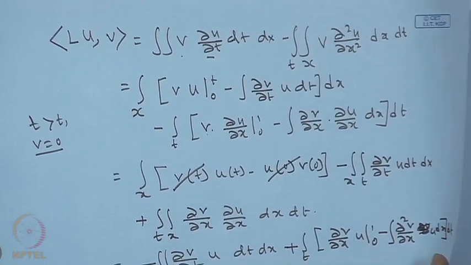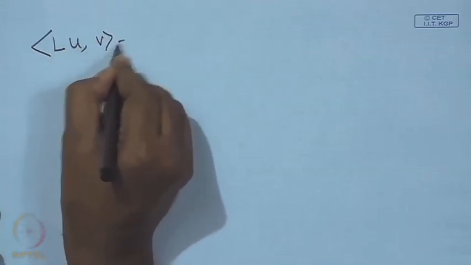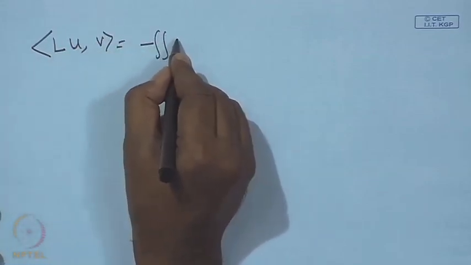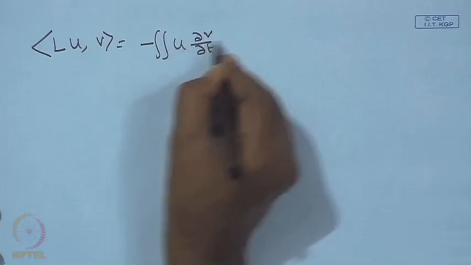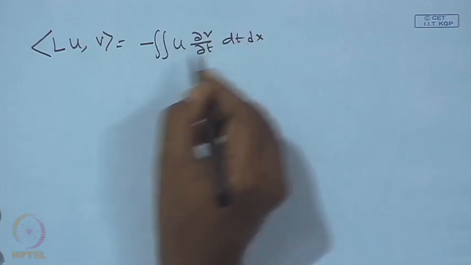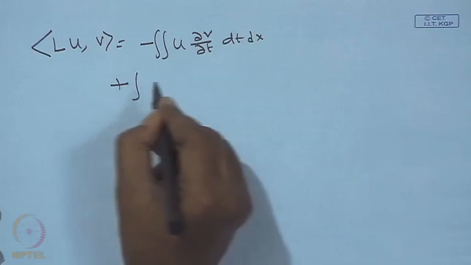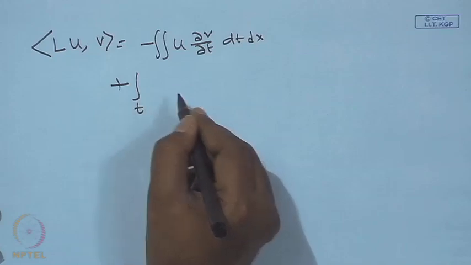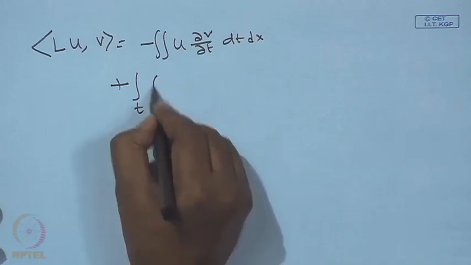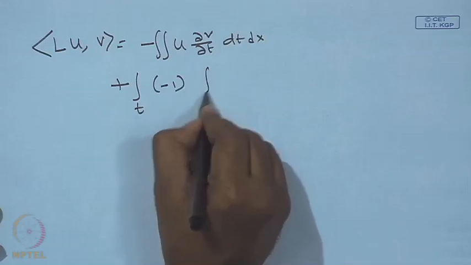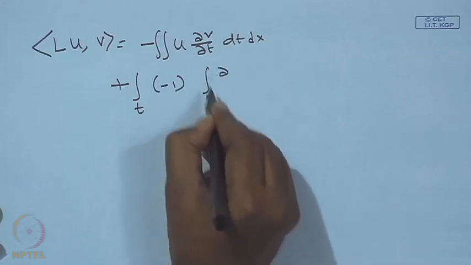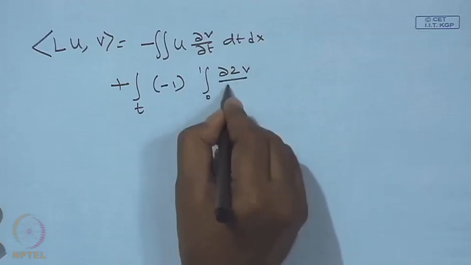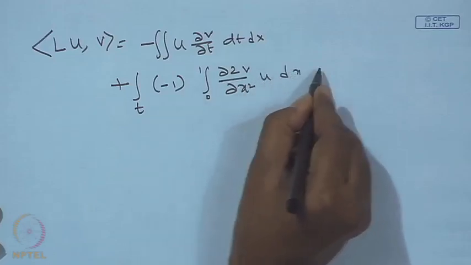So, let us see what we get. We get L u and v to be equal to minus the double integral u del v del t dt dx plus the double integral, integration over t, and then u at x equal to 1 and u at x equal to 0 will be 0. So, there will be a minus sign there and it becomes the integral from 0 to 1 of del square v del x square times u dx dt.